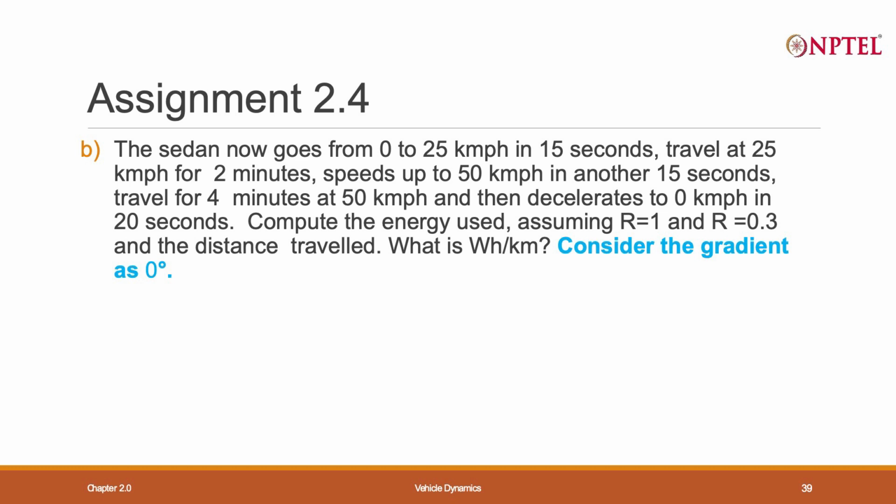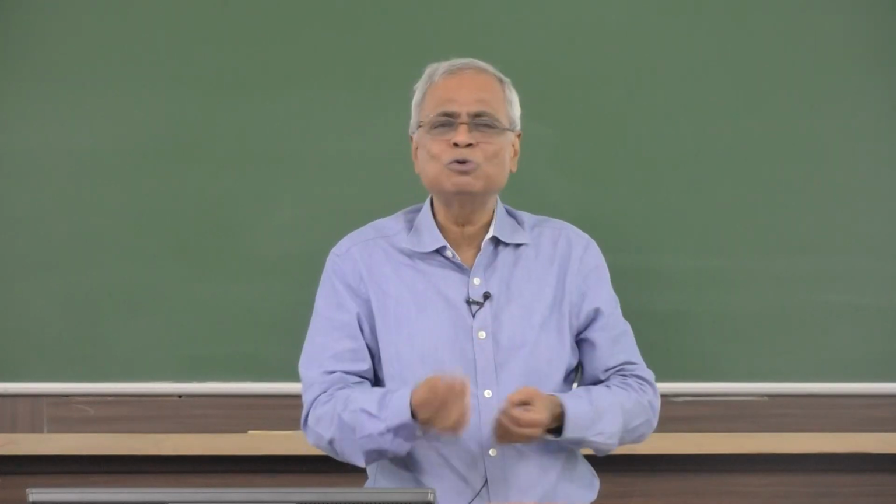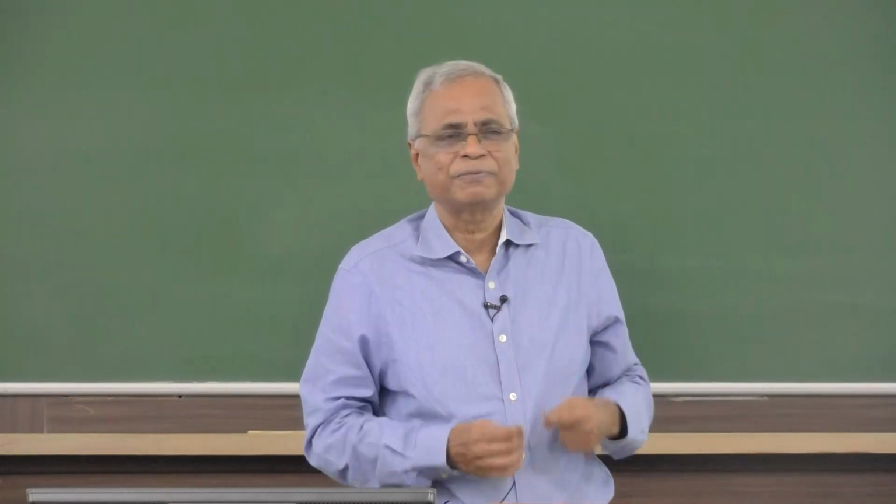Compute the energy requirement. So, the method is the same, compute also the distance travelled, compute what is watt hour per kilometer. These problems are not very difficult, they will get you used to the concept of a drive cycle.